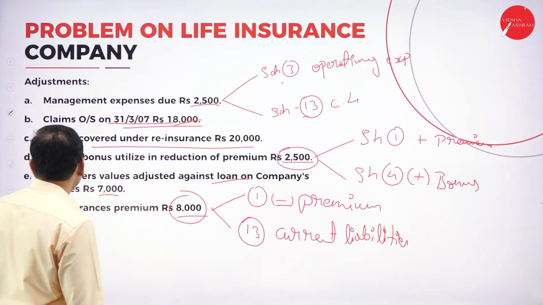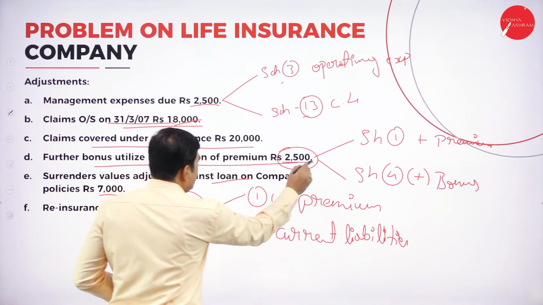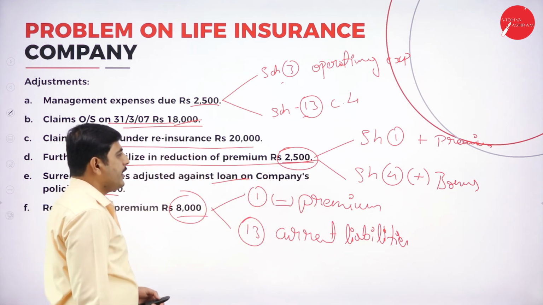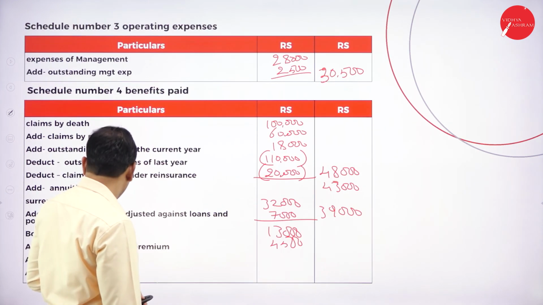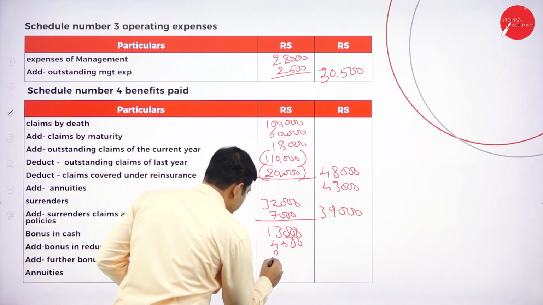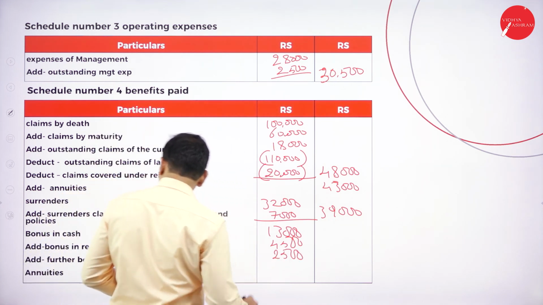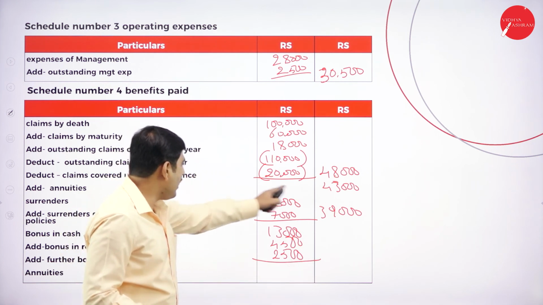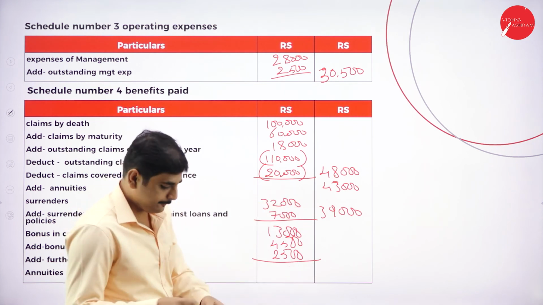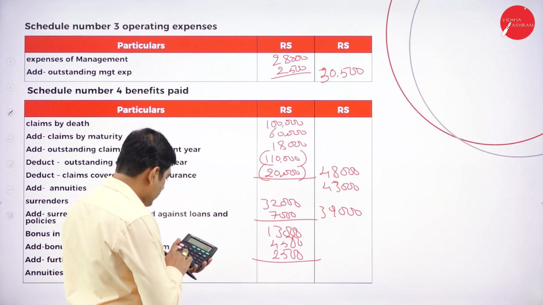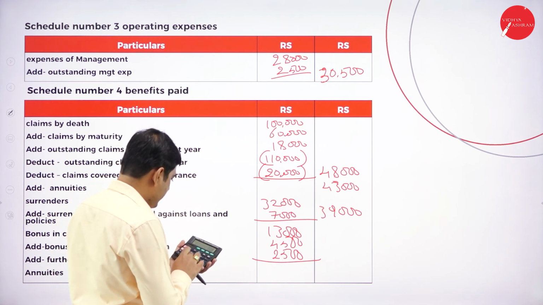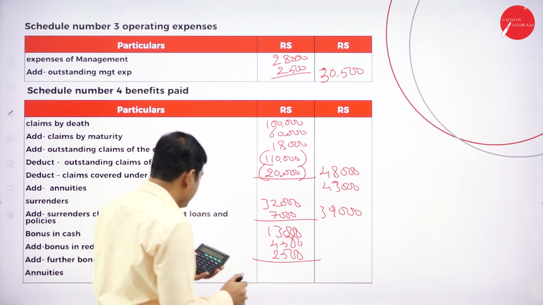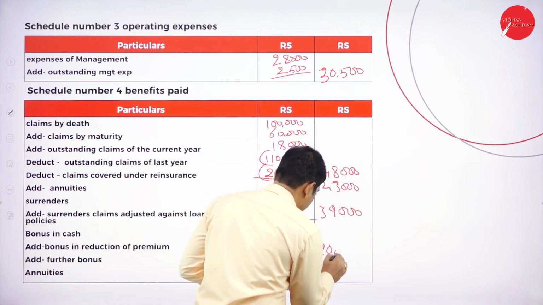Again coming to further bonus in reduction of premium. It is an adjustment. Further bonus in reduction of premium is 2,500. So add this. Now the total amount, let's see. Annuities we have already taken, 43,000, no need to take again. 13,000 plus 4,500 plus 2,500 is 20,000.